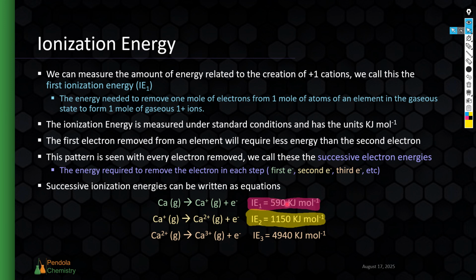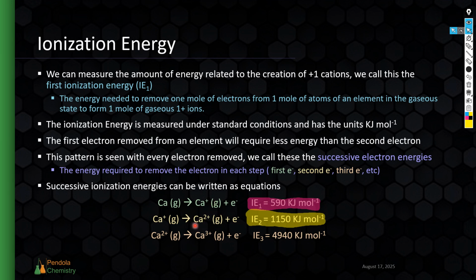And that takes 590 kilojoules per mole of electrons that we remove. Then if we grab that calcium 1+ in the gas state, and we remove yet another mole of electrons, or 1 electron from each one, we get calcium 2+ in the gas state. And that requires 1150 kilojoules for every mole of electrons we remove. So the second step requires more energy.